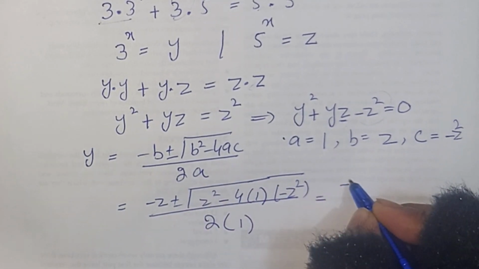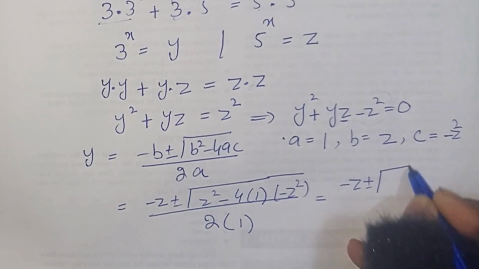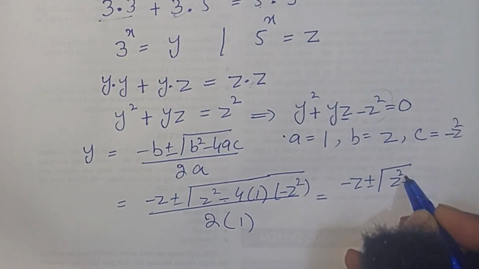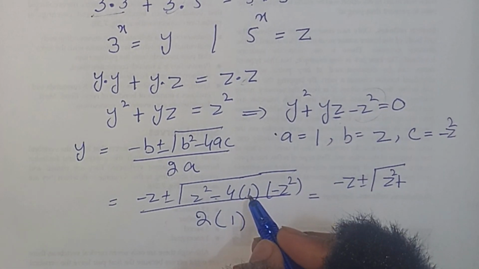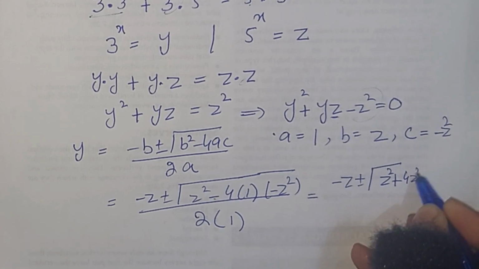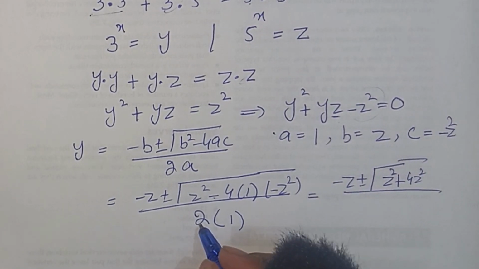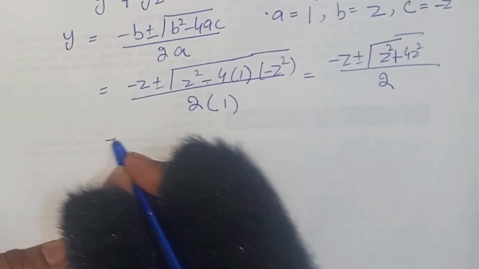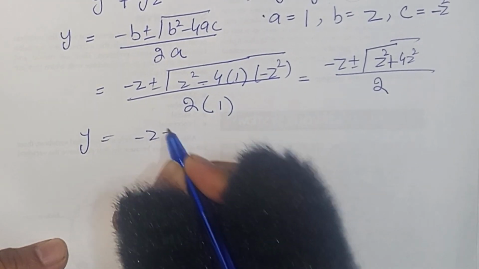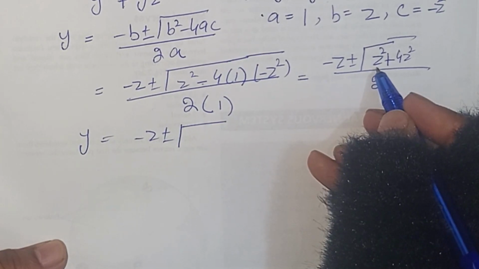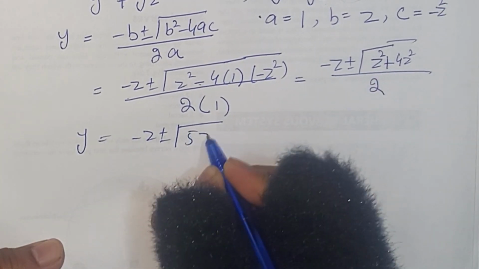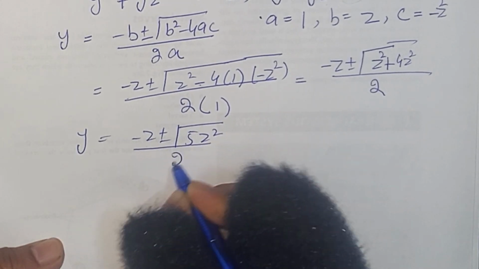Minus minus becomes plus. Multiply 4 by 1 we get 4, and multiply this 4 by z square we get 4z square. In the denominator, 2 multiply 1 is 2. So y is equal to minus z plus minus the square root of z square plus 4z square, which becomes 5z square, divided by 2.